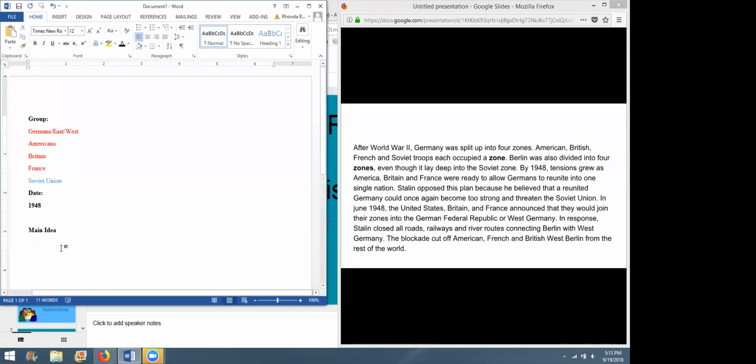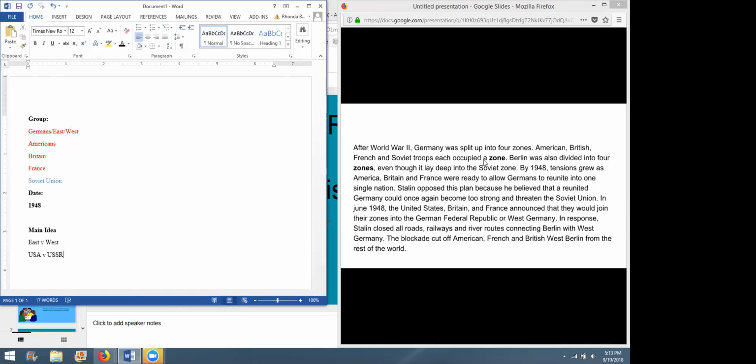Main idea. It's the same that I've been talking about in the previous slides. It's basically East versus West all over again. East being the Soviet Union, West being the United States and its allies. Remember, the United States did not like the USSR or the Soviet Union, and the Soviet Union did not like the United States.